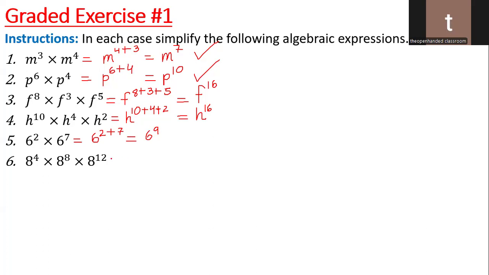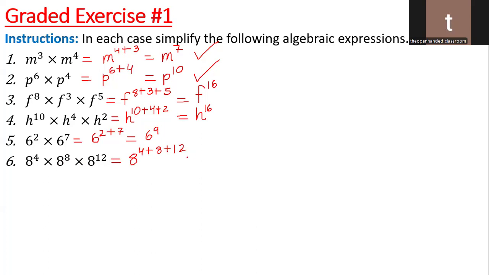And then we have 8 to the power of 4, 8 to the power of 8, 8 to the power of 12. What do we have here? That's going to be 8 to the power of 4 plus 8 plus 12.